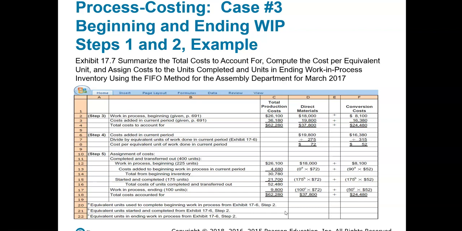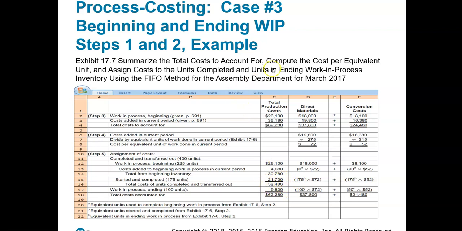First in, first out, we're looking and focusing only on the work done this period to compute our cost per equivalent unit. The costs only incurred this period divided by the amount of work done during this period. So we're going to get a difference here in total cost of units completed and transferred out.